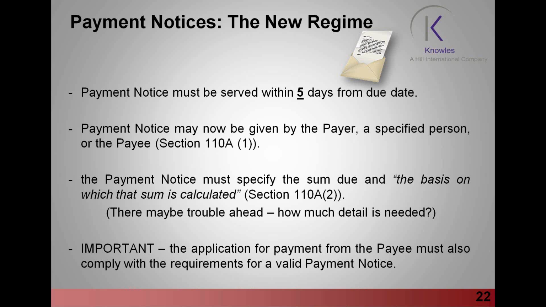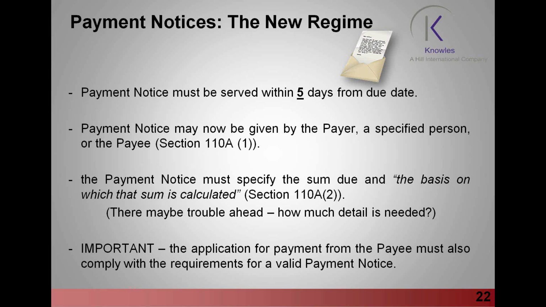Let's say the due date is a Thursday. Count 5 days from the Thursday, remembering you have to include weekends. Friday, Saturday, Sunday, Monday, Tuesday. The payment notice must reach the payee, the person receiving payment, by the Tuesday. That's an extraordinarily short period of time.